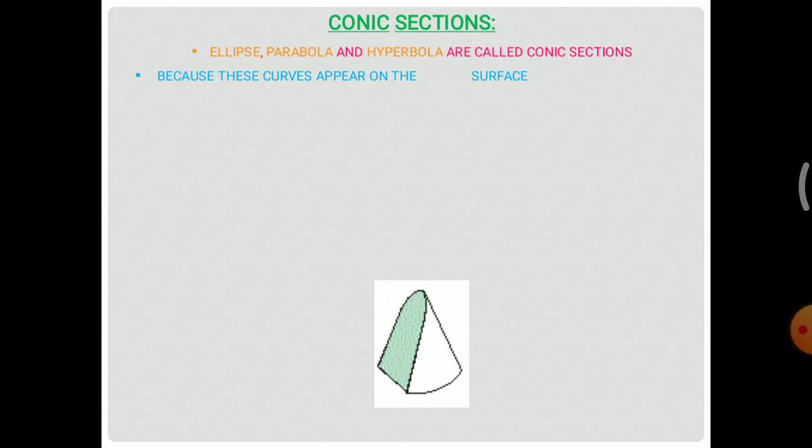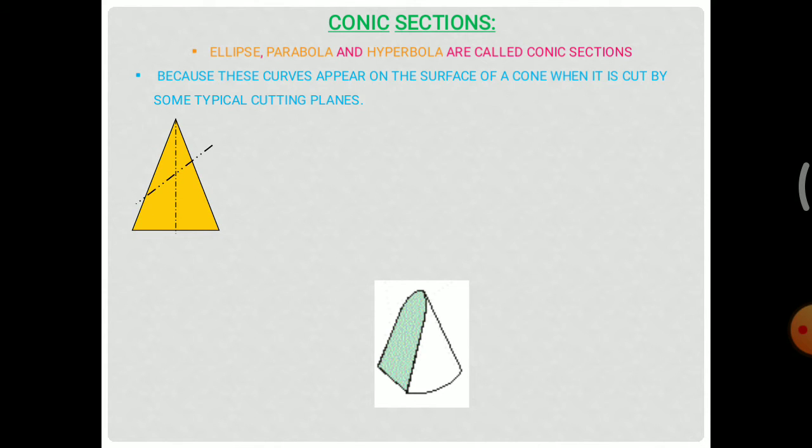First of all, ellipse, parabola and hyperbola are called conic sections because these curves appear on the surface of a cone when it is cut by some typical cutting planes, that is by generator, by axis, or both the generators. First, we are cutting the right circular cone through the two generators. The slant edges of the triangle appearing there in yellow color are known as the generators, and the center line is the axis.